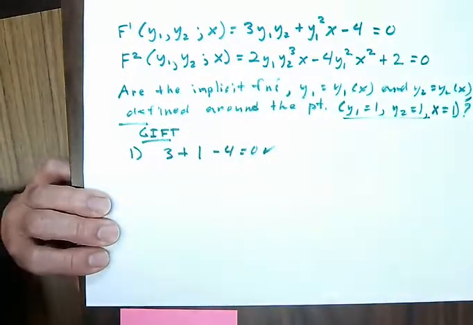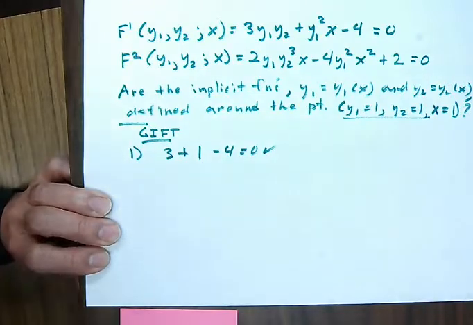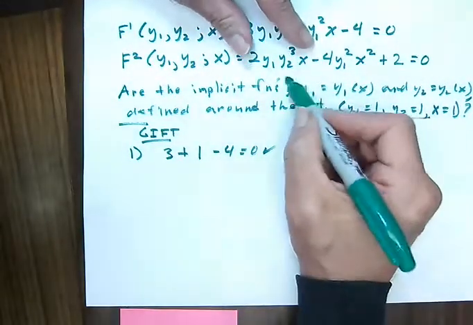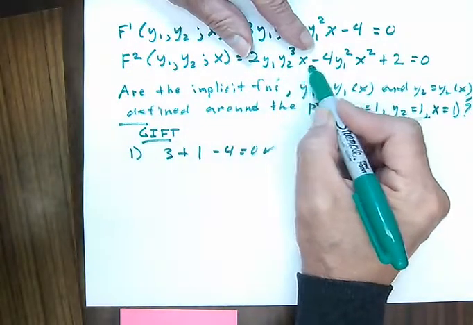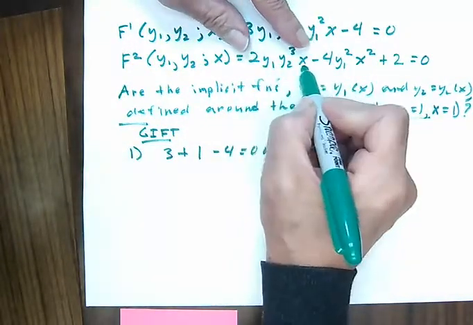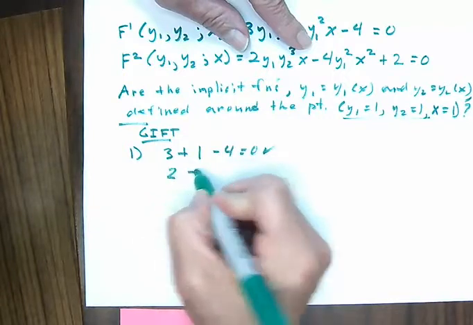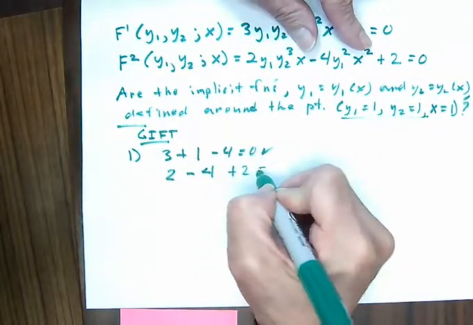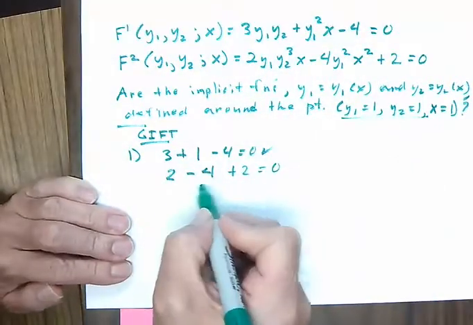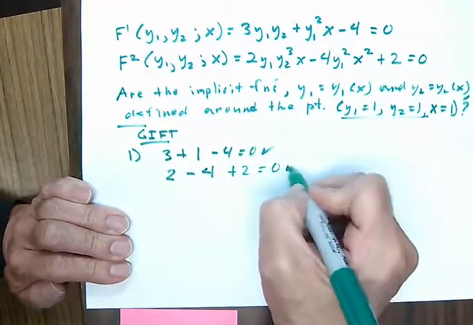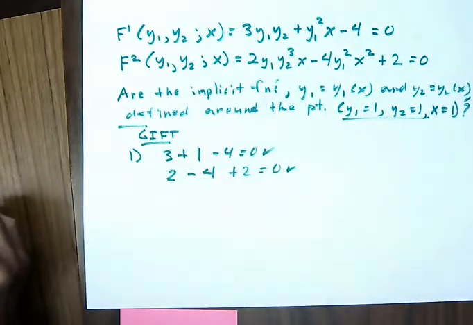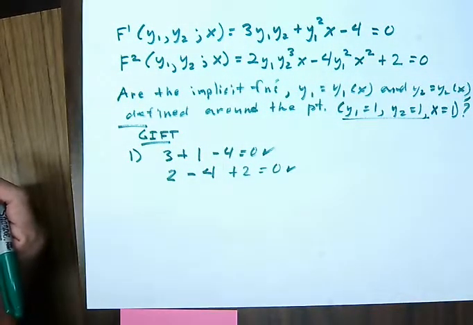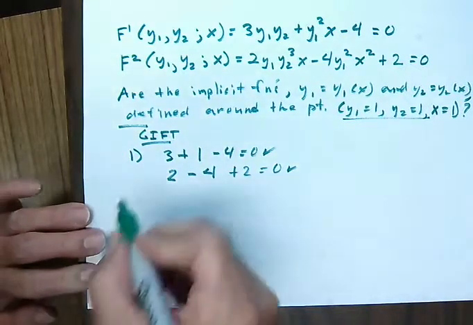So the first capital F equation is satisfied. Is the second capital F equation satisfied at the given point? Again, substitute in y1, y2, and x all equal to 1. The first term is just 2, minus the second term, which is 4, plus 2. Is that equal to 0? 2 minus 4 is minus 2, plus 2 equals 0. So the second capital F equation is also satisfied, and our first condition of the generalized implicit function theorem is satisfied.